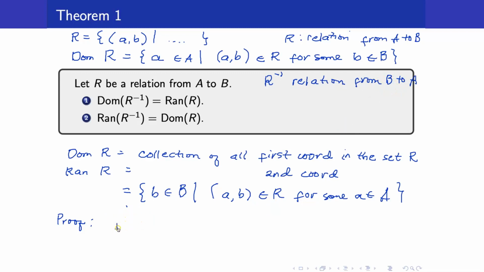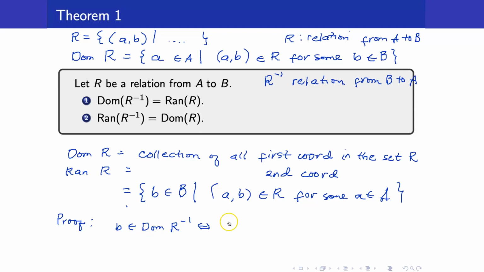So if I get b and that is an element of the domain of R inverse, this is equivalent to saying, what does it mean for you to be in the domain of R inverse?